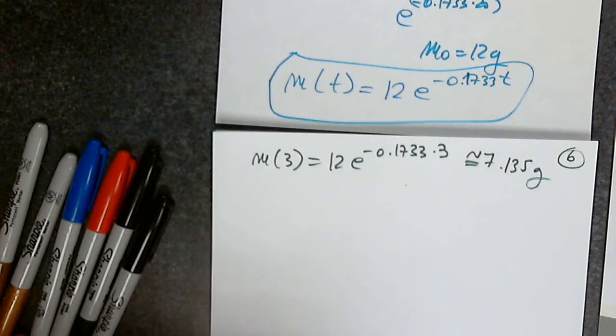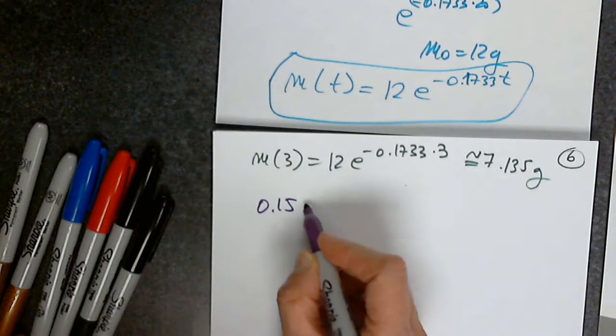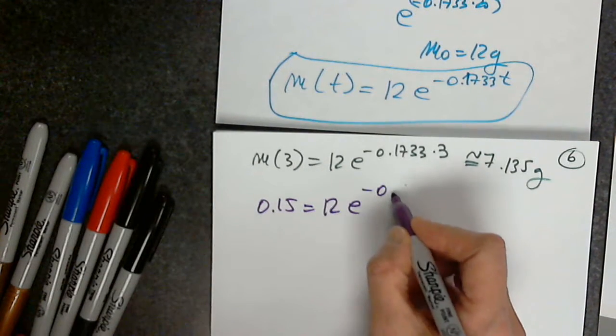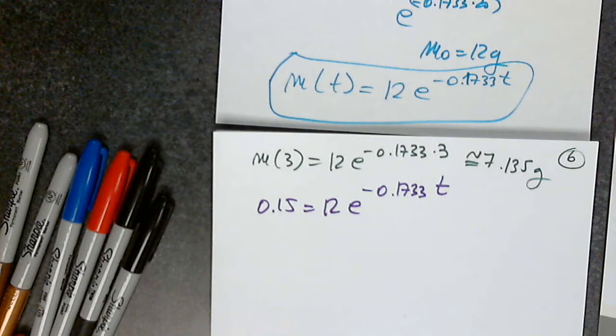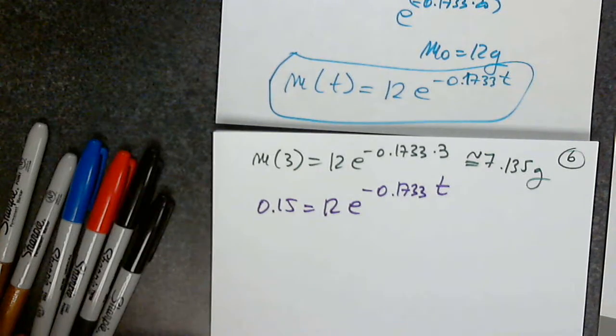How do I address this? So how do I start? What do I write? Exactly. 0.15 equals 12e to negative 0.1733 times t. I can't apply log. I have to clean it up first. How do I clean it up? Right.